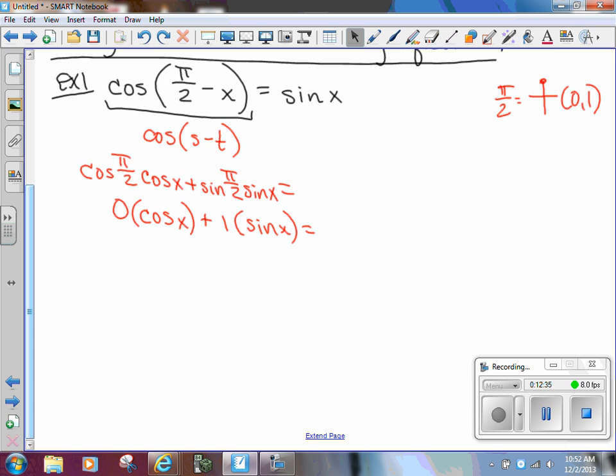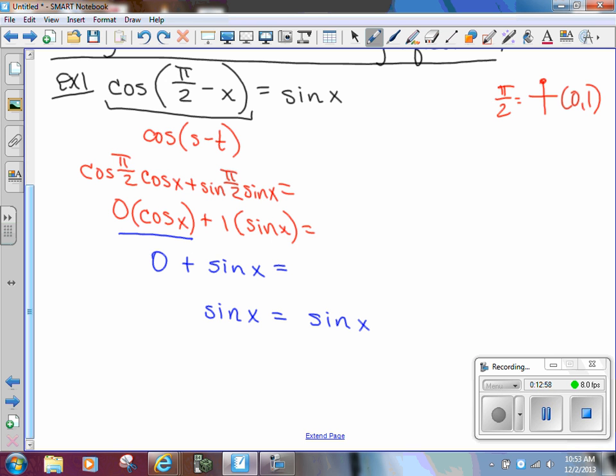Do you see where this is headed? What is 0 times anything? 0. What's 1 times anything? That thing, right? What's 0 plus sine of x? Sine of x. Folks, are we verifying that the left side is equal to the right side?